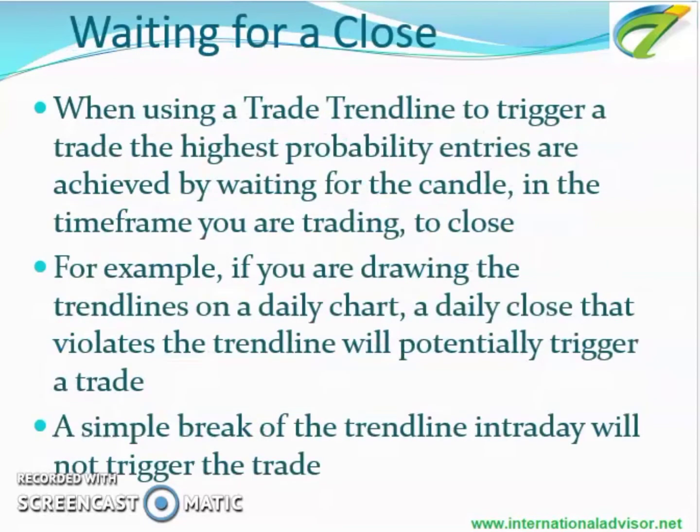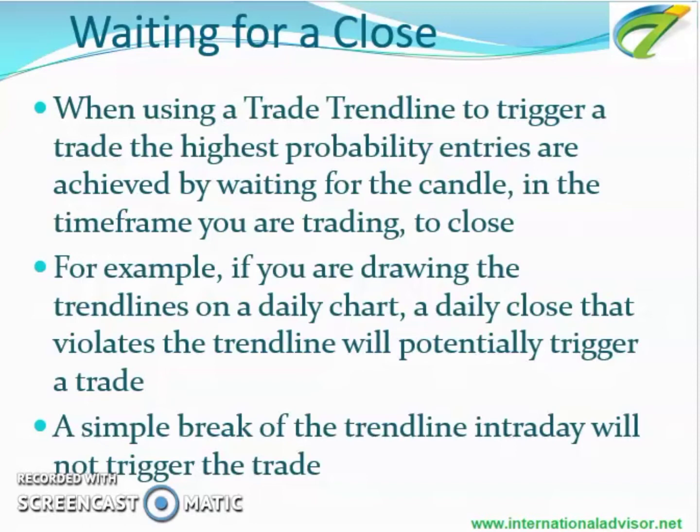When using a trade trend line to trigger a trade, the highest probability entries are achieved by waiting for the candle in the time frame you are trading to close. For example, if you are drawing the trend lines on a daily chart, a daily close that violates the trend line will potentially trigger a trade.